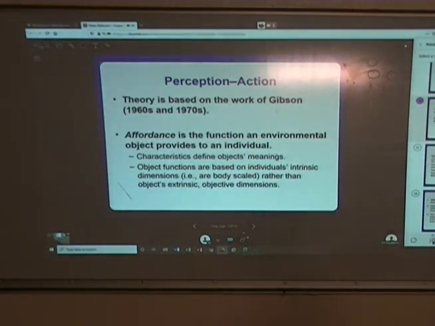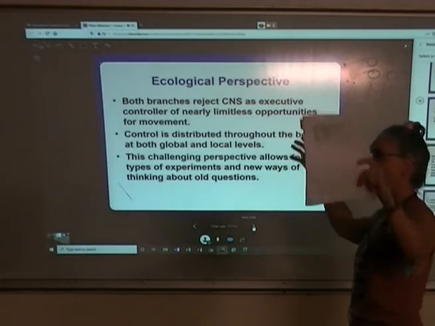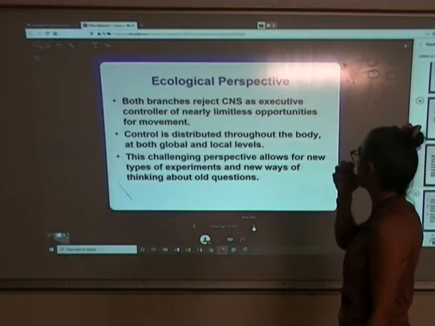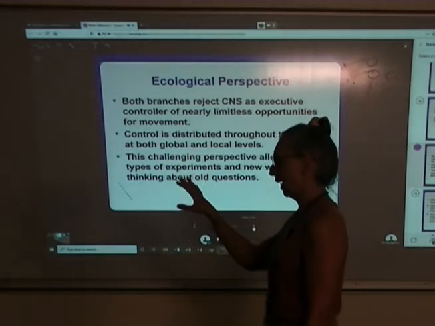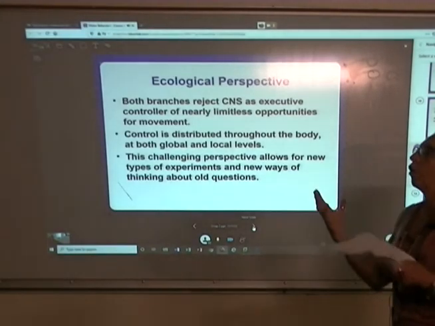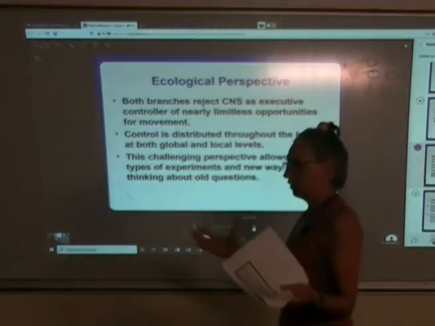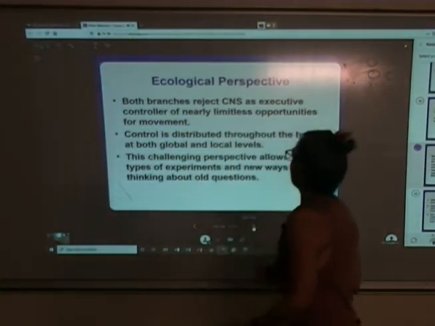Okay. So I'm going to finish up here. So the ecological umbrella then, the ecological approach or perspective. Both branches, whether it's dynamical systems or perception action, do not consider the central nervous system as the governor of the movement, all right?